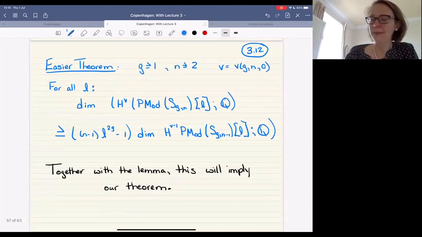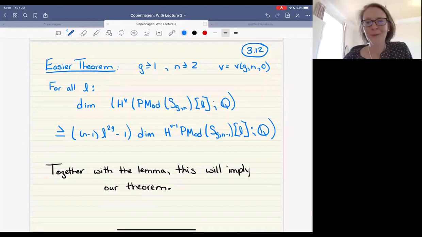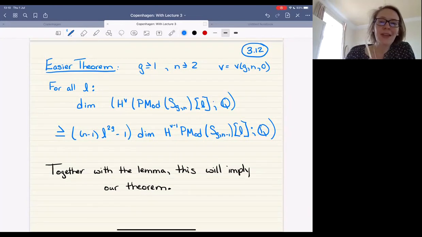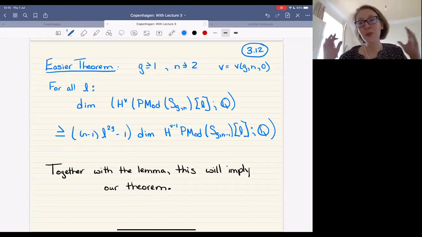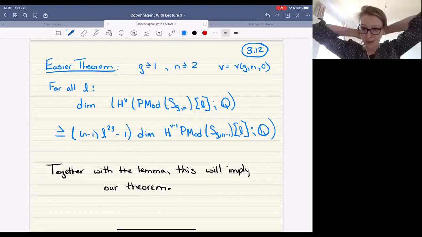Okay. So, all right, what other simplifications can we do? So here's an easier theorem to prove. I'll restate the theorem we're trying to prove in a moment, but remember the whole point was we just got this huge lower bound on the dimension of the top cohomology.